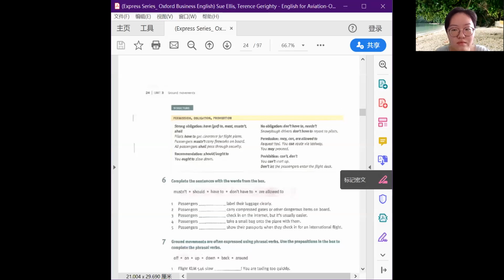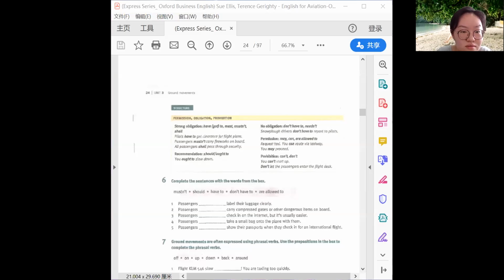Page 24. Click this one. Can you see the modal? Yes. The question 6. We can see.